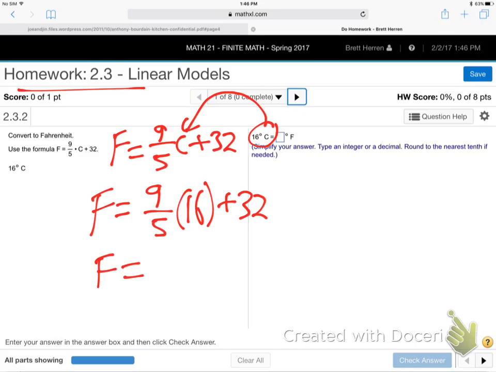And then I don't know from there. 60.8. What is it? 60.8. 60.8, thank you. Anybody else getting that? Same answer? We have verification? Yeah. All right. 60.8. So that's just a plug-in, and that's all there is to number 1.